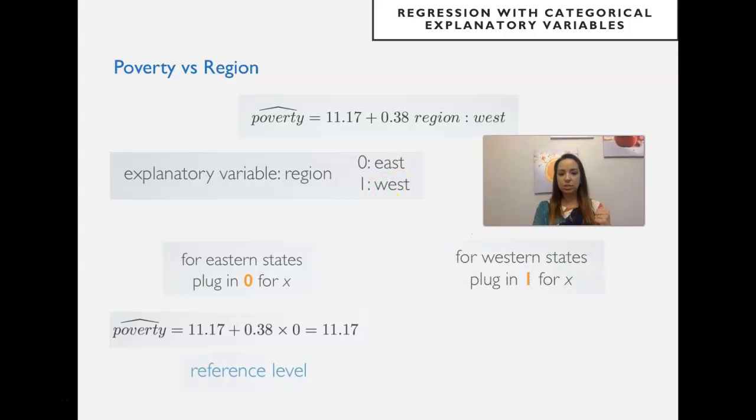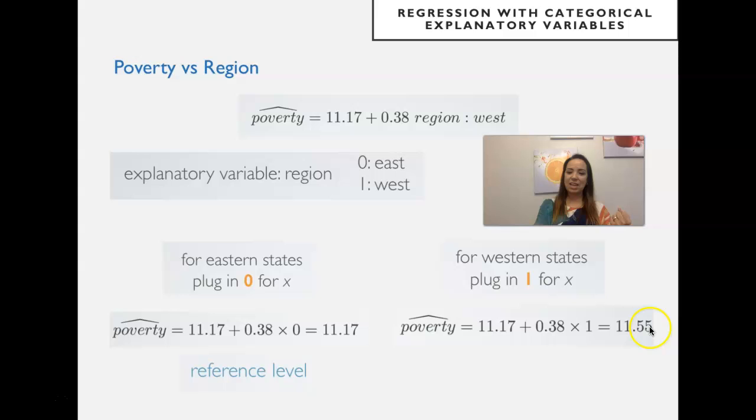So for western states, we're going to plug 1 for x. And here we have poverty equals the intercept plus 0.38 times 1, and that's 11.55. So poverty is about 0.38 higher in the west compared to the east.